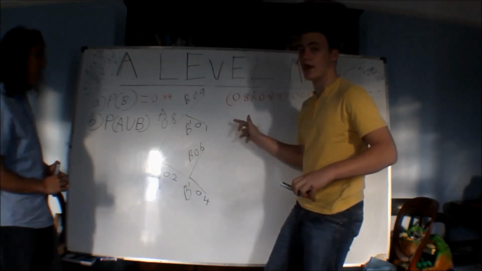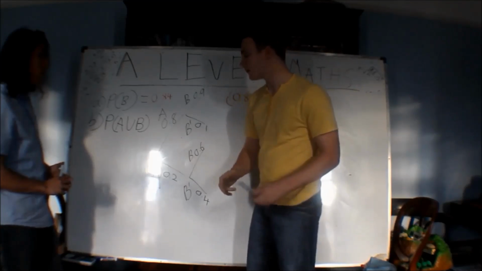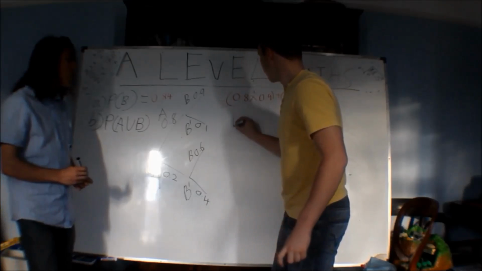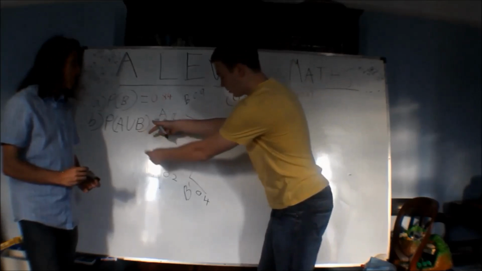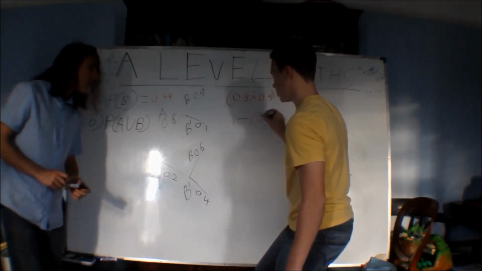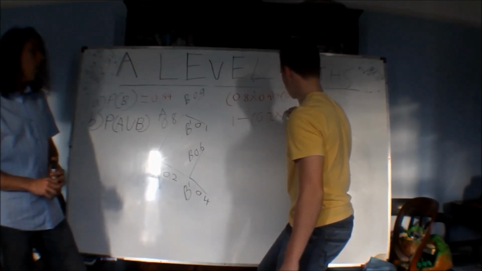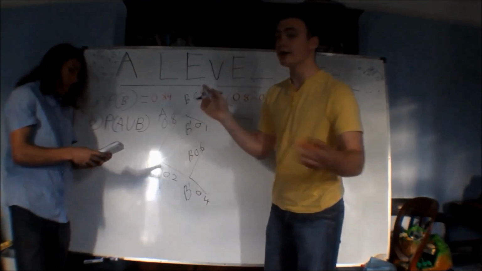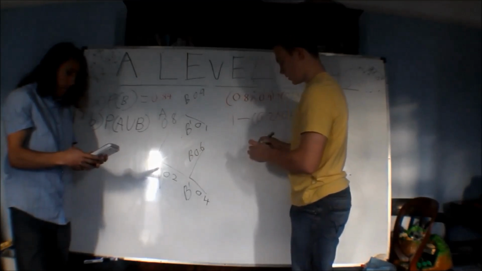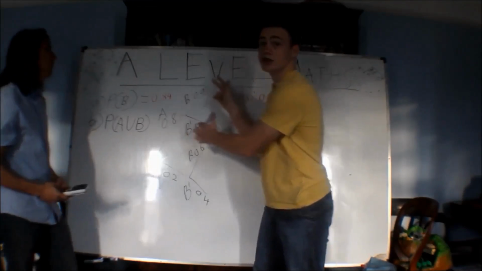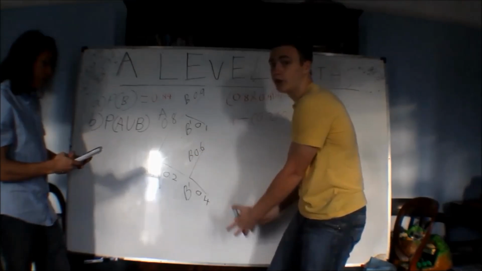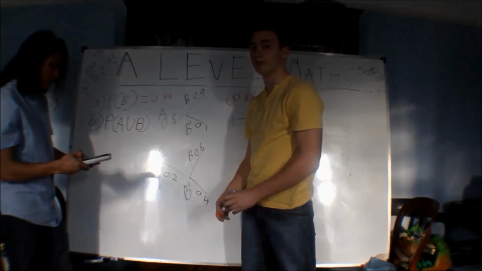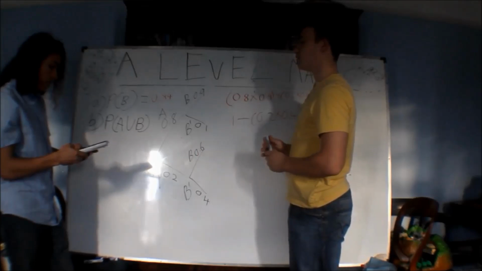You could fail that, then pass that. But another way of saying that is 1 minus the probability of failing. So this 0.2 times 0.4. 1 minus that. Because every other alternative pathway you can do apart from this one, you do pass at least one. So, what's that, Triv?